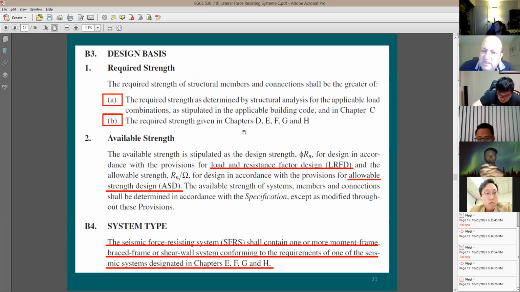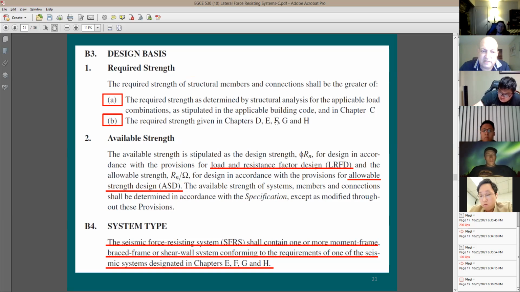This is why it says here you go to chapter D, E, F, G, and H, because starting from chapter E here, you're going to be looking at certain frame systems or brace systems where you may need to change the design loads accordingly.